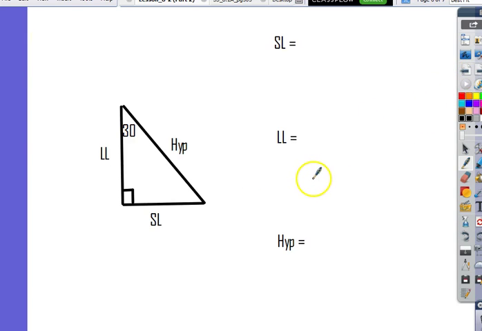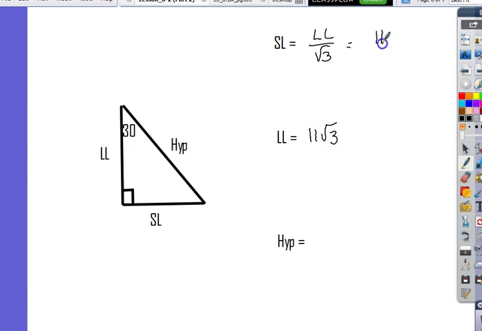All right, let's just practice this. So here's the 30, 60, 90 triangle. Let's say that the longer leg was equal to 11 square root 3. Find the other two. All right, so we started out with the longer leg. The first thing we're going to do is find the shorter leg. The shorter leg is equal to the longer leg divided by root 3.